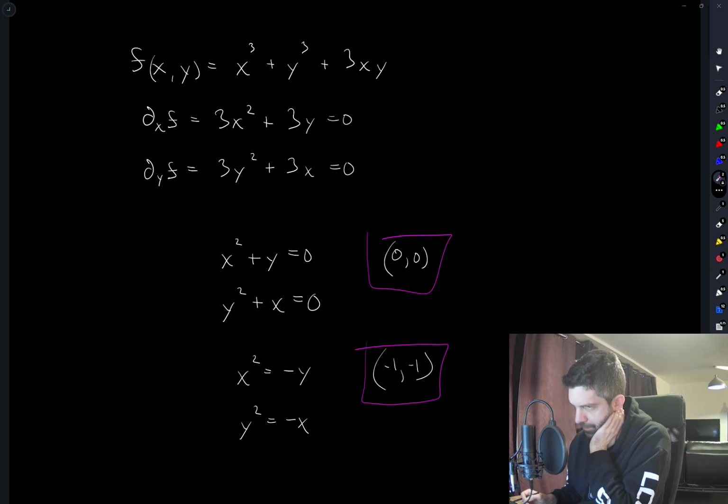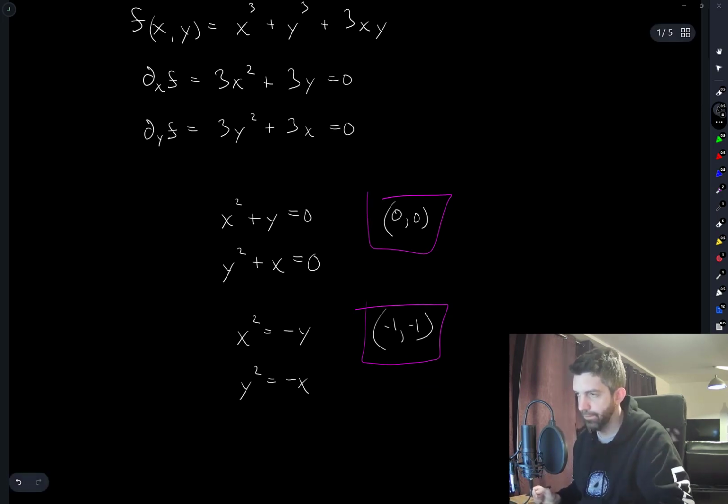I'm not positive here. I think I might just go ahead and compute the appropriate second derivatives and do the second derivative test.